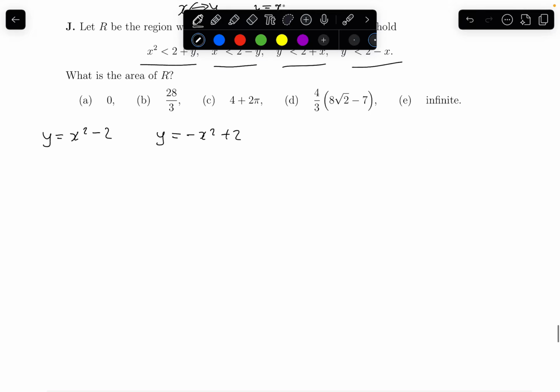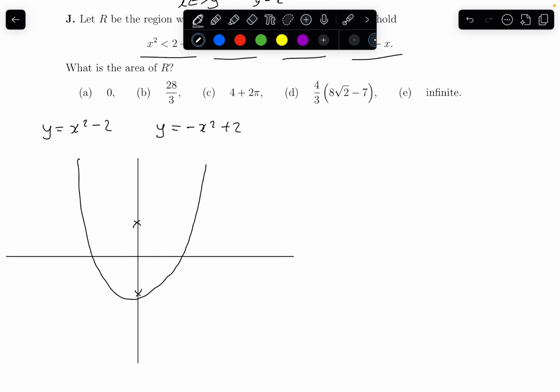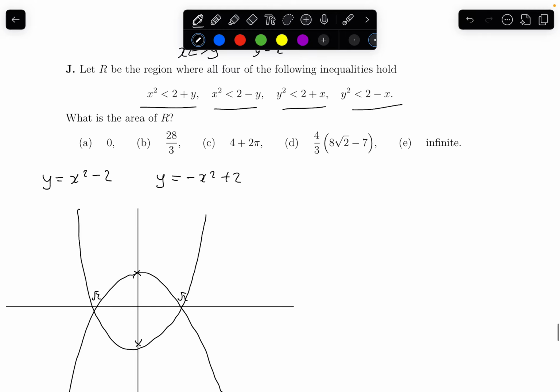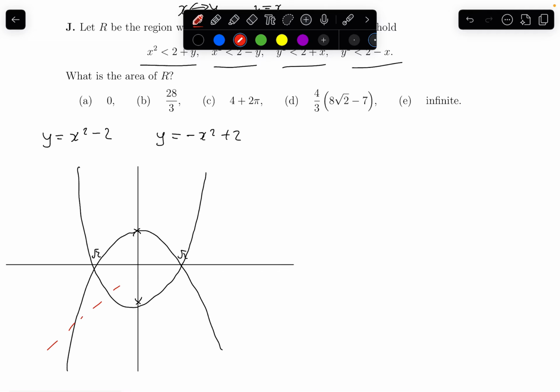I'm going to do a nice big sketch here. I think this is going to be very hard to sketch, but I'm going to do my best for you. x squared minus 2 looks like this, minus x squared plus 2 looks like this, and these are root 2 and root 2. And then we need to do the same, but it's just a reflection in this line, y equals x.